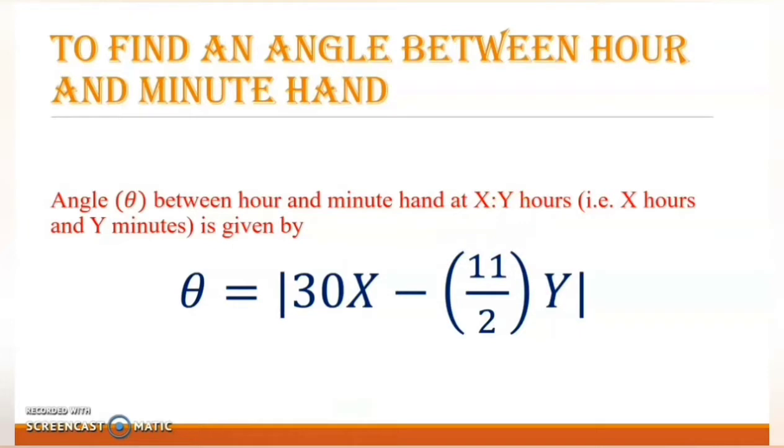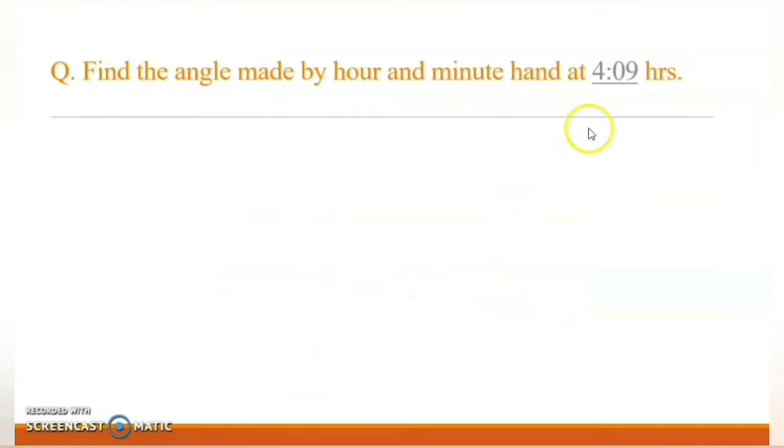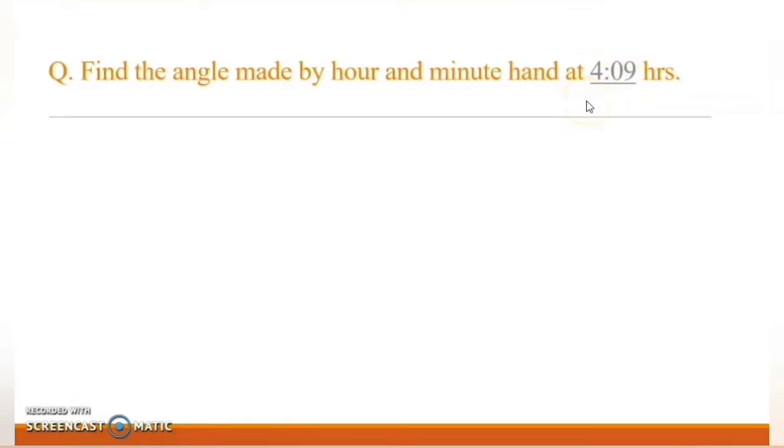So in the given problem, what we are supposed to find is the angle between the hour and minute hand at 4 hours and 9 minutes. So this is my x, 4, and 9 is y.